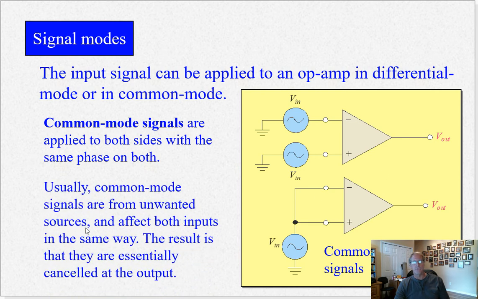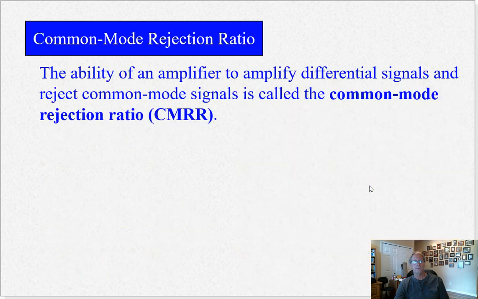And again, common mode is for unwanted sources, usually just noise from the atmosphere, from other electrical circuits around it. And the result is they're essentially canceled at the output. The ability of an amp to amplify differential signals and reject the common mode signals is called common mode rejection ratio, or CMRR.